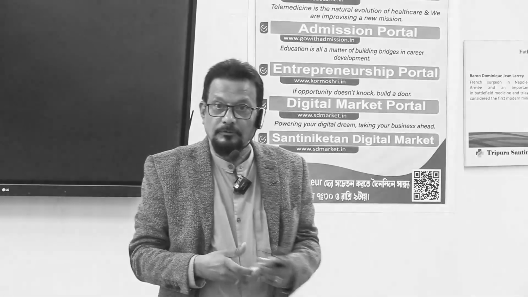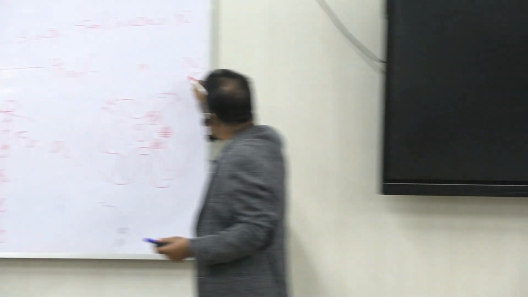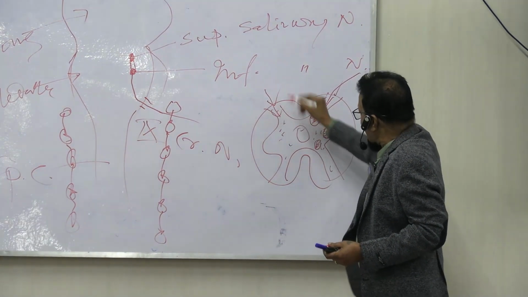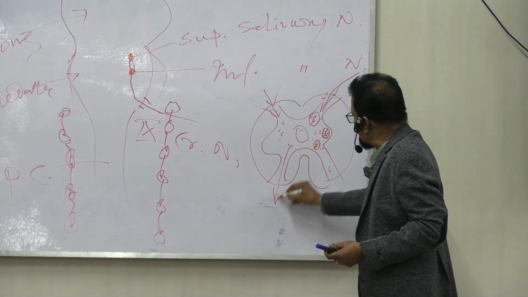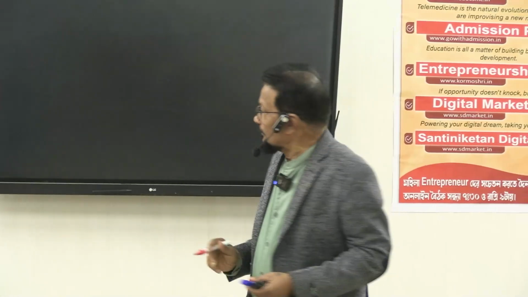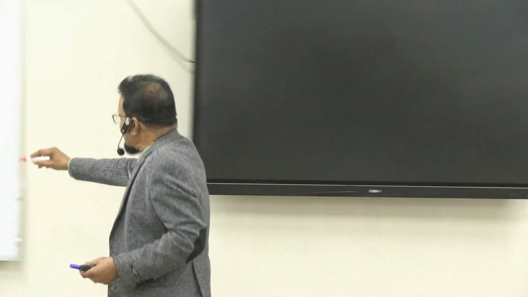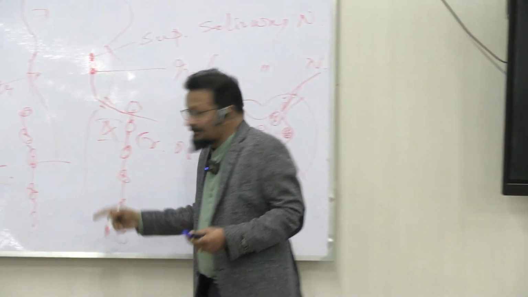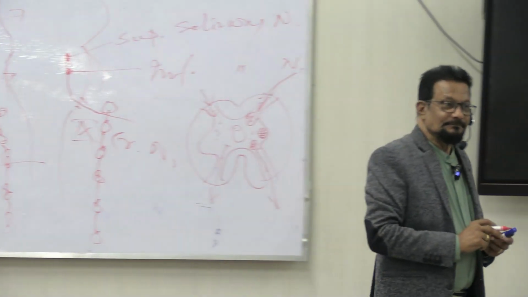These are the back doors through which nerves from the periphery enter, and this is the exit route through which nerves come out of the spinal cord. After coming out, they will end in this ganglia.